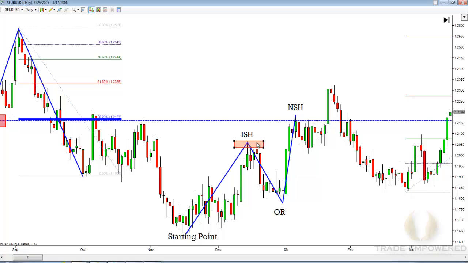There's a good chance that our outside return will come to this level. Let me use my Fibonacci retracement tool. Let me take my swing low to my swing high. What do you know? A 382 right at that level. No coincidence that the market decides to give us our outside return right to that level before retracing and swinging higher.